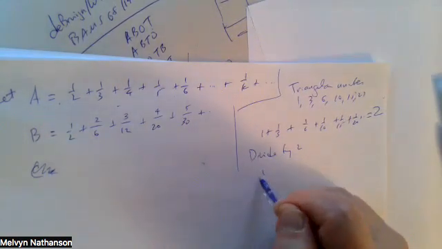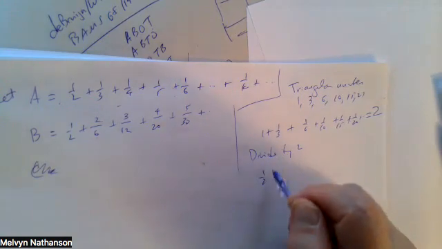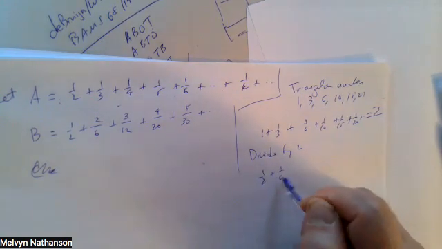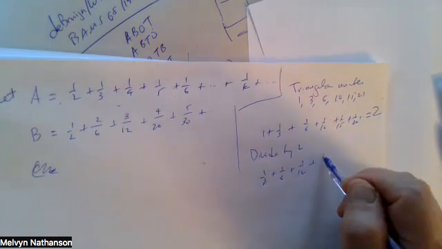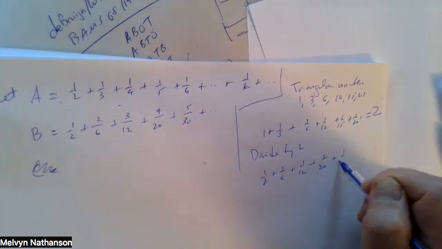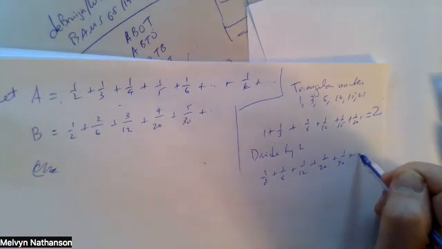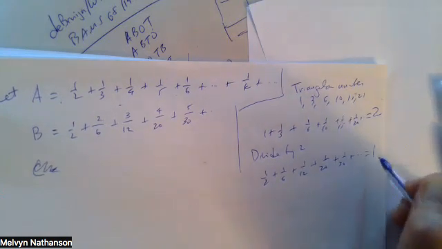So 1/2, 1/3 divided by 2 is a sixth. 1/6 divided by 2 is a 12th. 1/10 divided by 2 is 1/20th. 1 over 30 and so forth equals 2 divided by 2, which is 1.